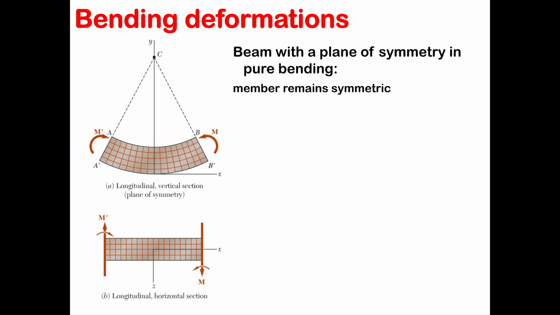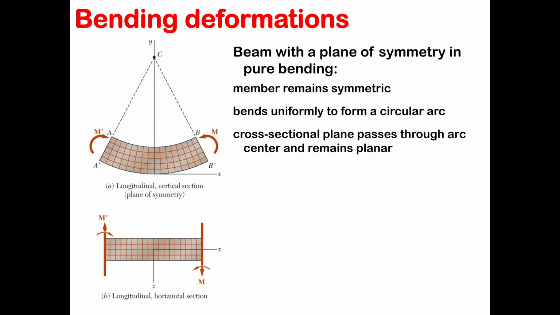Okay, so moving on, let's do a simple analysis. Let's see what we get. So bending, on the left side of the screen here, you are seeing a bending with a plane of symmetry in pure bending. You always have to keep in mind that we are assuming the member always remains symmetric, right? And it bends uniformly to form a circular arc.